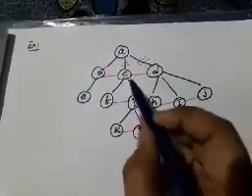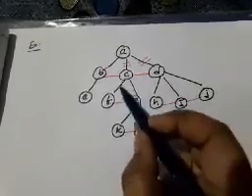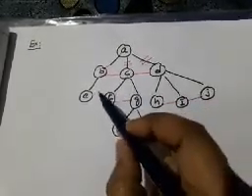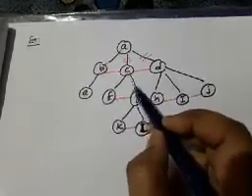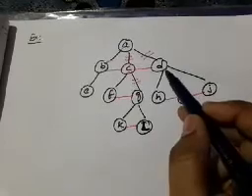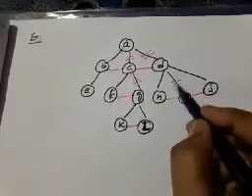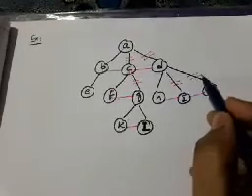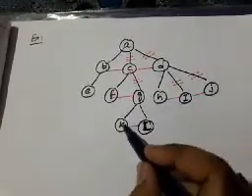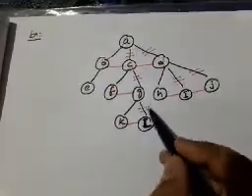Similarly, C to F and C to G: C to F is the leftmost child, we will leave it like that, but remove the edge between C to G. Similarly, from D to H we will keep it, whereas D to I would be removed, D to J would be removed. In the same way, G to K will be there, G to L will be removed.